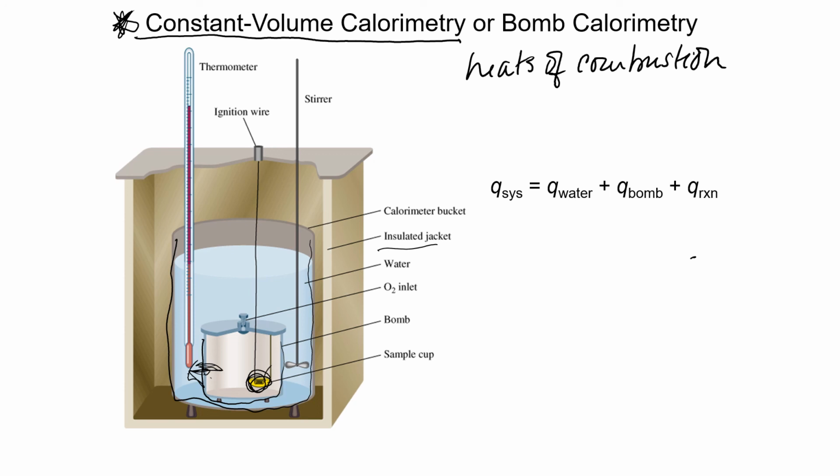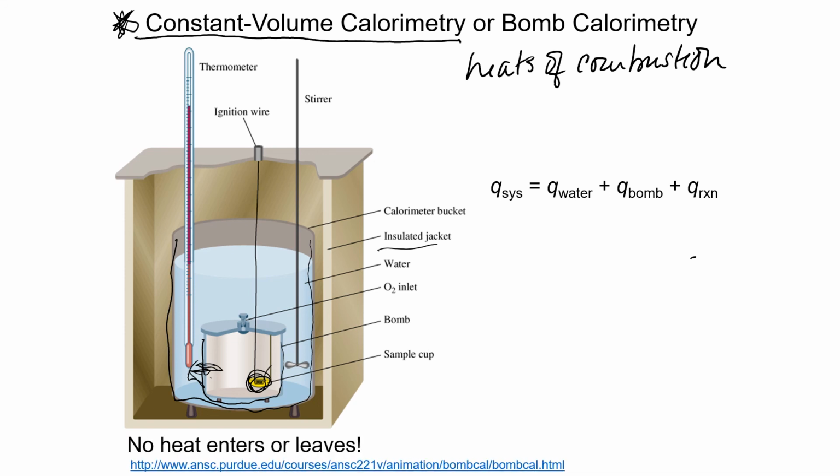Q of the system equals Q of the water, Q of the bomb, Q of the reaction. Okay? No heat enters or leaves outside this insulated jacket. So Q of the system equals 0, and Q of the reaction equals negative Q of the water plus Q of the bomb. Okay?